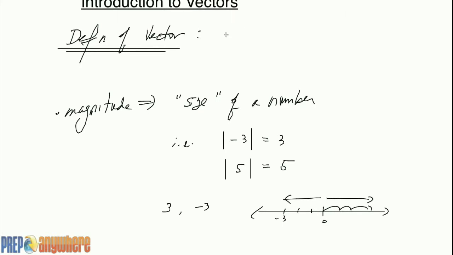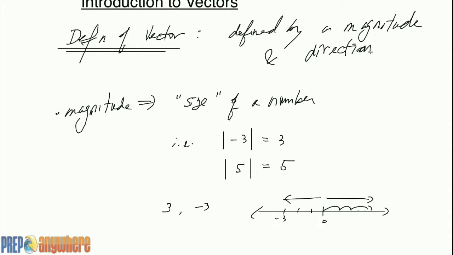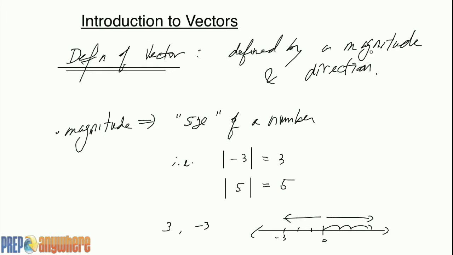A vector is something defined by a magnitude, just how long or how big it is, and direction. This direction does not mean just positive or negative. It can be rotated by 30 degrees or whatever. So this is the definition. It has to have these 2 things. You can't just have one, then it's not a vector. It must contain both of them.